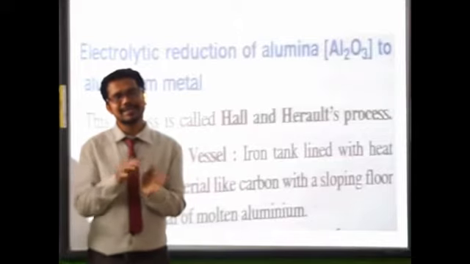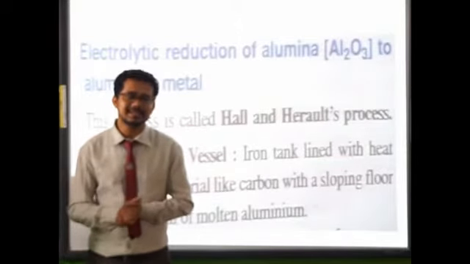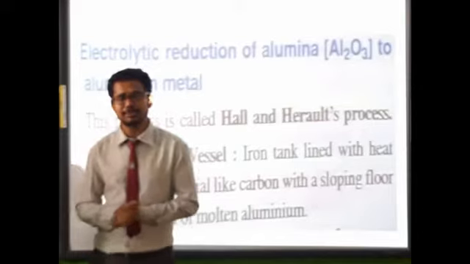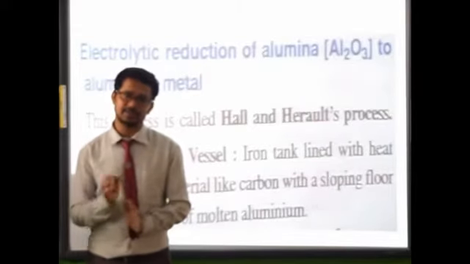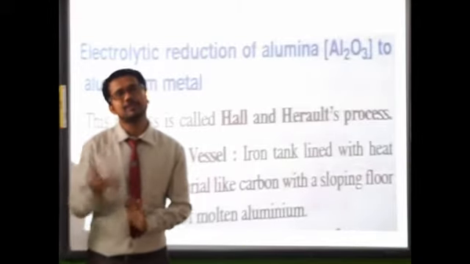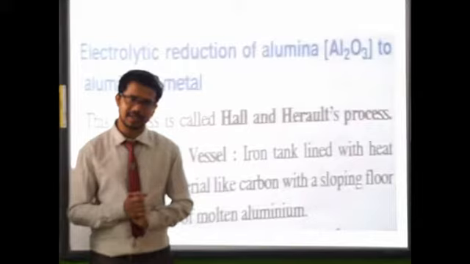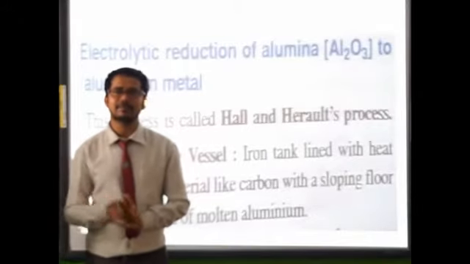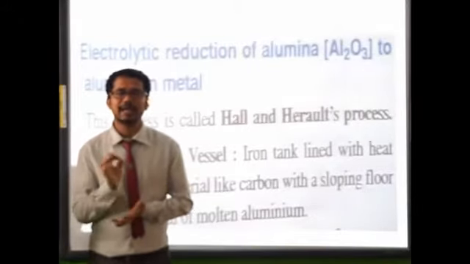Then this sodium metaaluminate is further hydrolyzed, and on hydrolysis we will be getting aluminium hydroxide as an insoluble substance and sodium hydroxide. Further, drying this precipitate of aluminium hydroxide and then igniting it, we will be getting alumina.